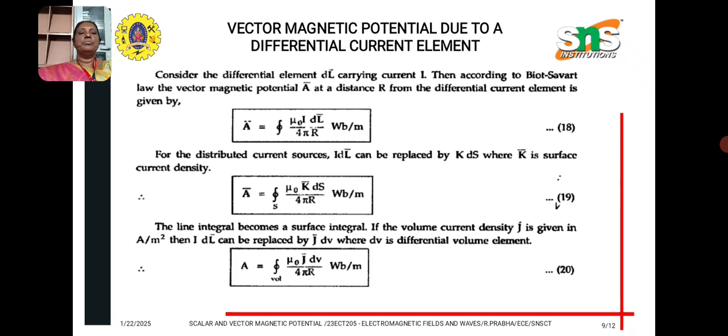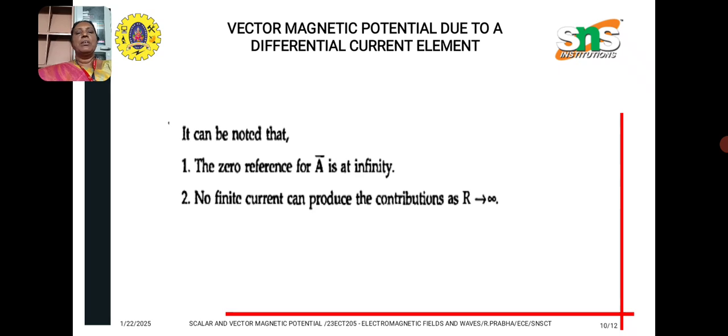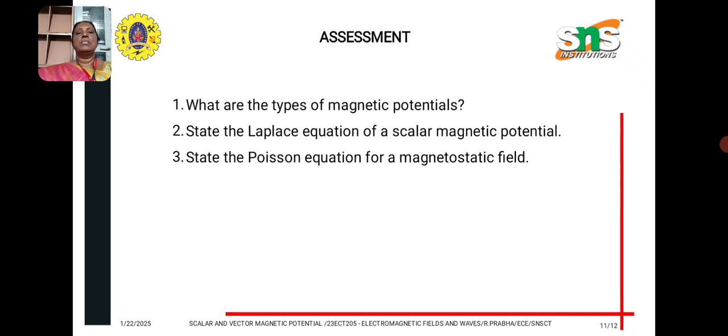And for volume integral, it is the integral over the volume of mu naught J dV by 4 pi r Weber per meter. So, we can finally note that the zero reference for the magnetic vector potential is at infinity. No finite current can produce contributions as r is equal to infinity.